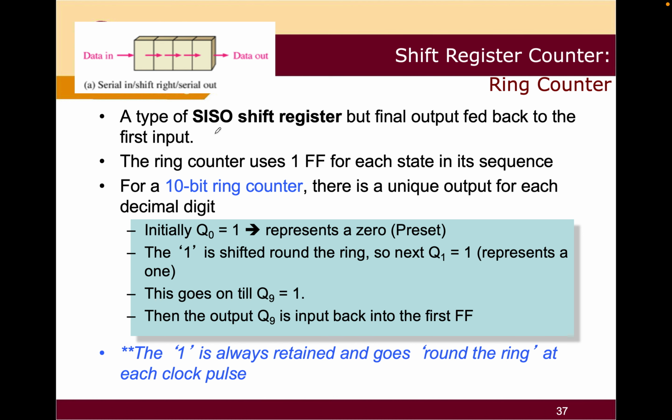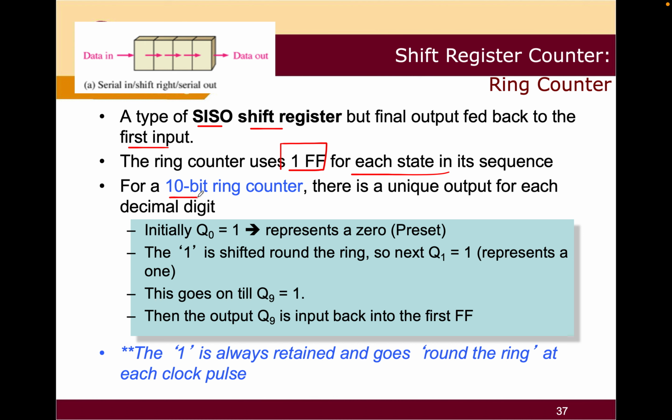A ring counter is a type of SISO shift register, but the final output is fed back to the first input, which means it's going to loop back. The ring counter uses one flip-flop for each state, similar to your basic shift register in its sequence.